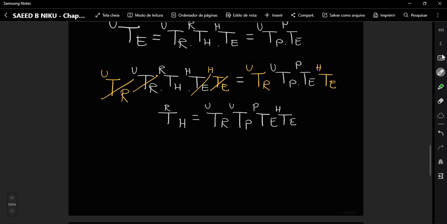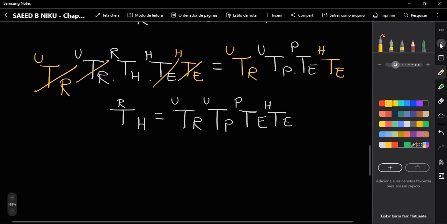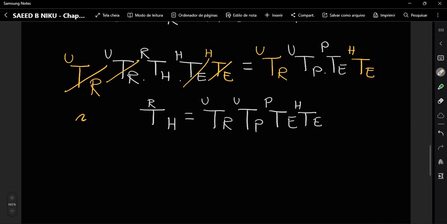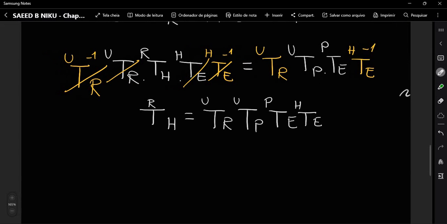One thing that I was missing is the -1, which is not an exponent, it is a superscript, it is the inverse. And this way we can eliminate these transformations. I was almost forgetting this, missing this important detail.